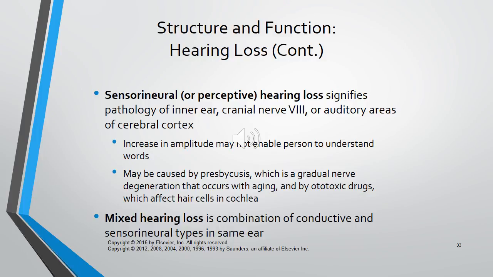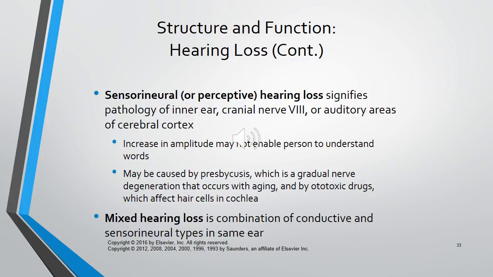May be caused by presbycusis, which is a gradual nerve degeneration that occurs with aging. It can also be caused by some drugs, which are considered ototoxic drugs. So they're toxic to the auditory areas or the cranial nerve, and it affects the hair cells in the cochlea.